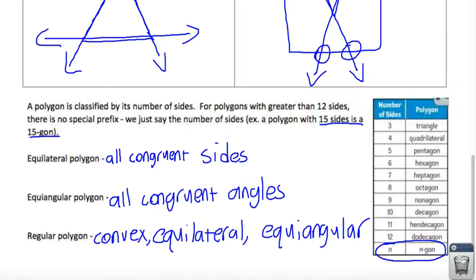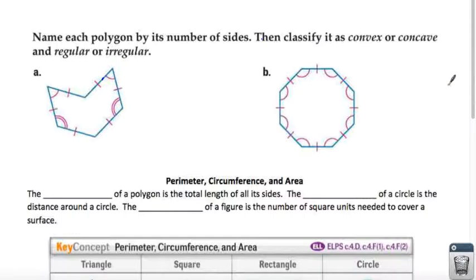Okay, so down here we'll classify some polygons. So we're going to say whether it is convex or concave. We're going to name it, state whether it's convex or concave, and then regular or irregular, which just means not regular. So here, this polygon has 1, 2, 3, 4, 5, 6 sides. So that's a hexagon.